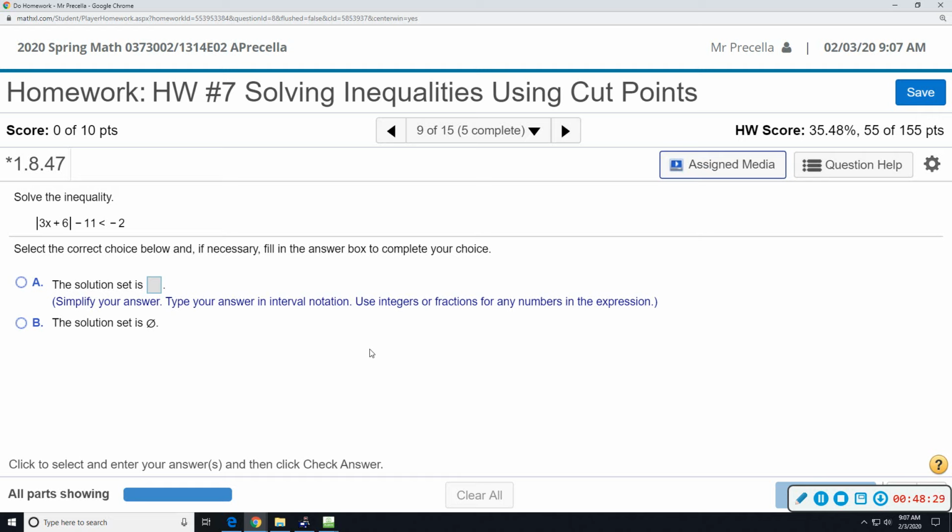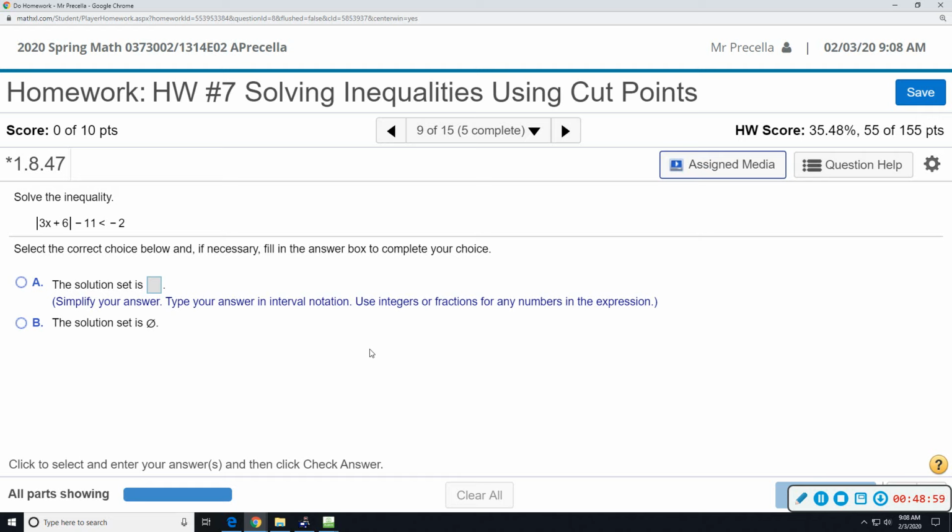Let me write it down. This is problem 9 on homework 7. Absolute value of 3x plus 6 minus 11 is less than negative 2.